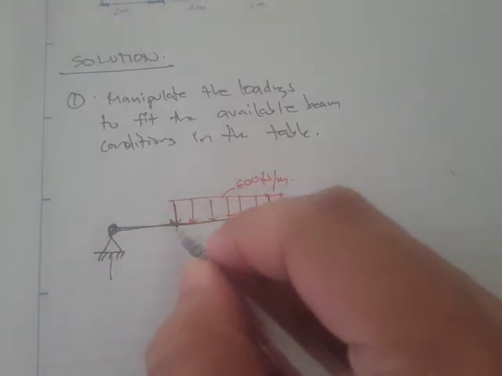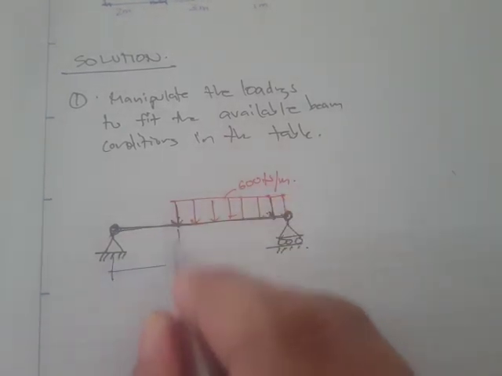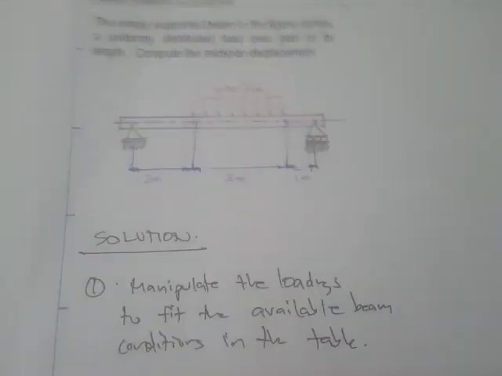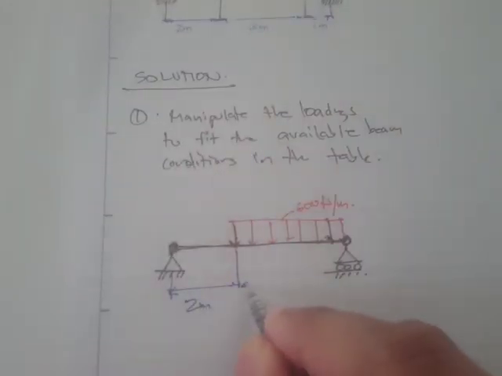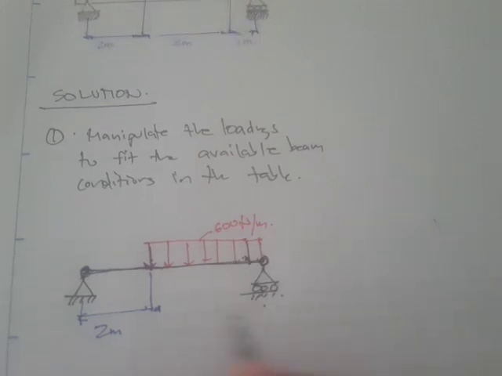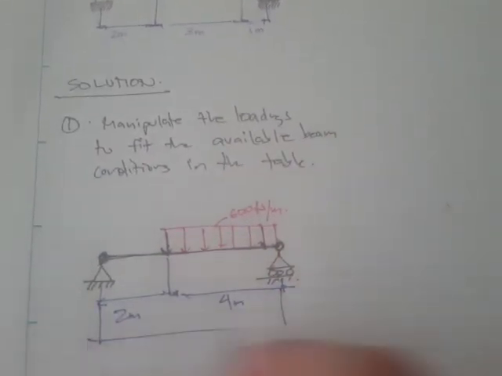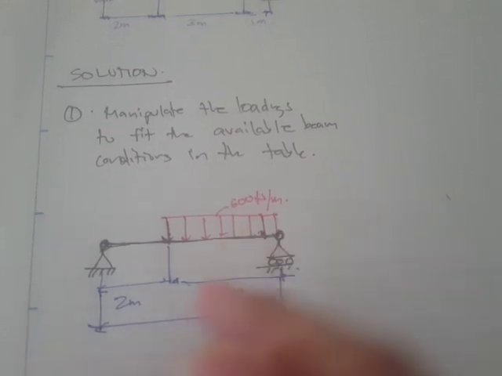This one to this end, we have 2 meters, and from this point to this end support, you will notice we have 3 plus 1, so that's gonna be 4 meters, and the total of this is 6 meters.